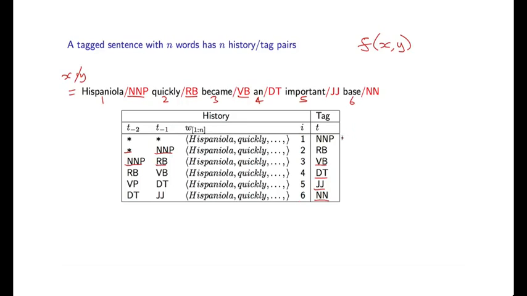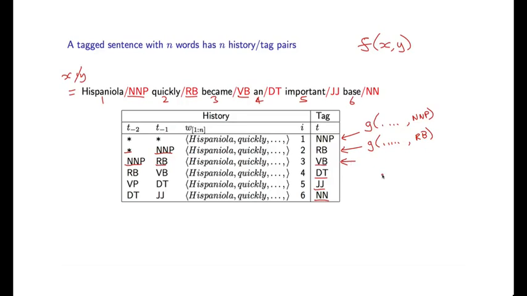Now, each of these decisions, each of these positions, is going to have a local feature vector, g. I'm going to have a feature vector for this first decision, which consists of the history in conjunction with the tag NNP, where the history is this particular history here. This feature vector has g of the second history in conjunction with RB, and so on.